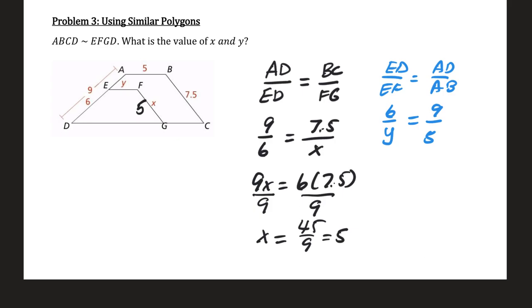So we have 9Y equals 6 times 5, which is 30, divided by 9. Both are divisible by 3, so you have 10 over 3, which means Y equals 3.333.